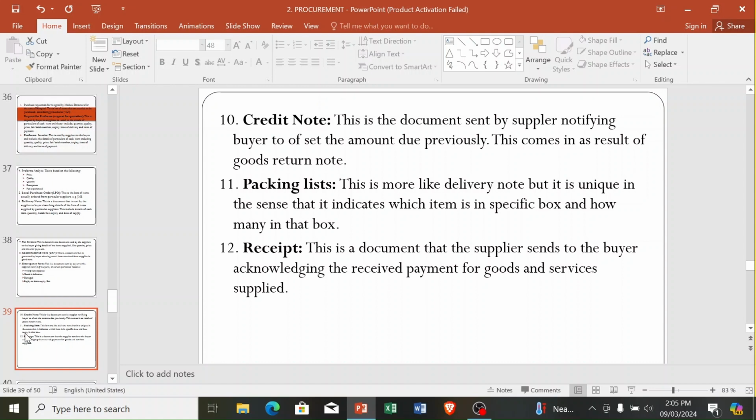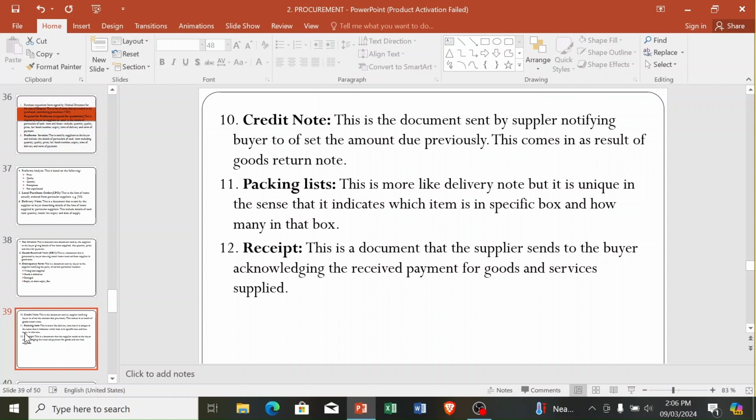A packing list, this is more like a delivery note, but it is unique in the sense that it indicates which item is in a specific box and how many are in that box. So a packing list gives us a view of what is where and how much of it is where, so that when we are checking it in our quarantine area, we are able to know what we are checking for.